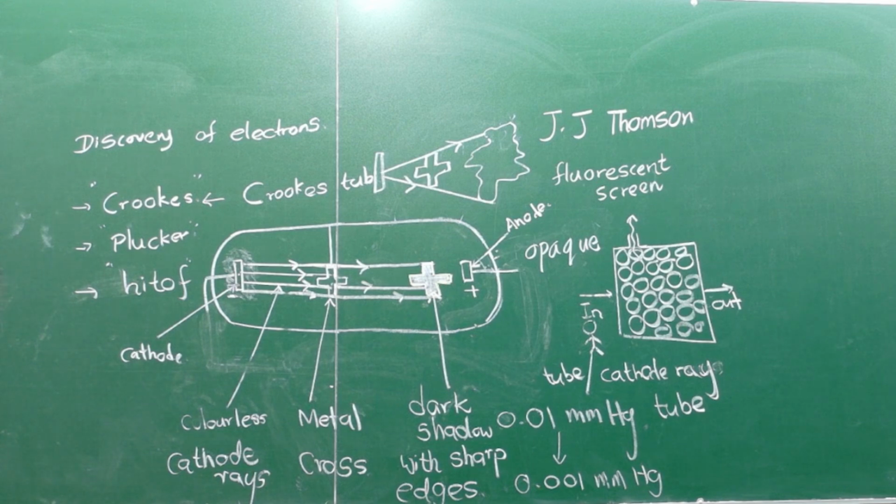So this was done by J.J. Thomson, and he found the first property of the cathode rays, which is that cathode rays travel in straight line paths. Draw this and label the parts.